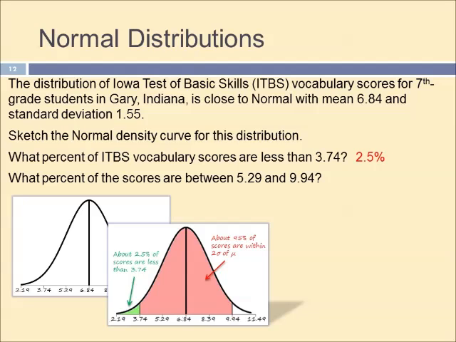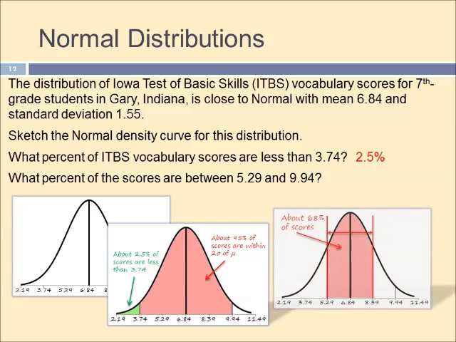What percent of the scores are between 5.29 and 9.94? Well, we know that about 68% of the scores are between -1 and +1 standard deviations of the mean.